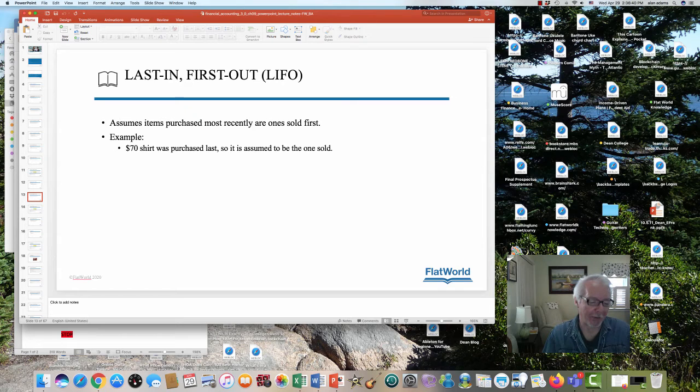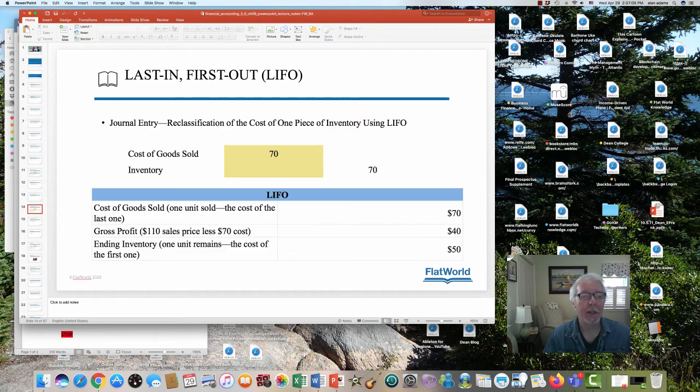The opposite of FIFO is LIFO, L-I-F-O. Under LIFO, friends, we assume that the items that we bought most recently are the ones that we get rid of first, okay? Now, we bought the $70 shirt last, so we're going to assume that is the one that we sell, okay? So, here's what happens.